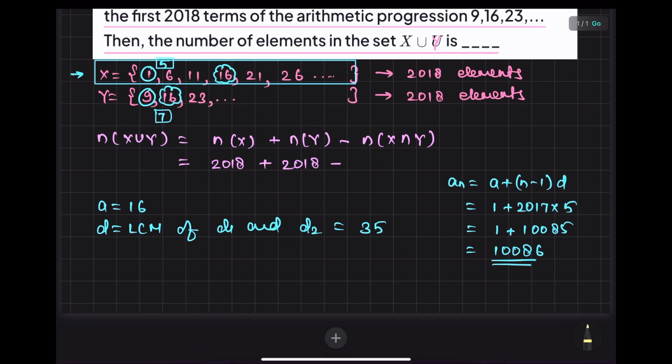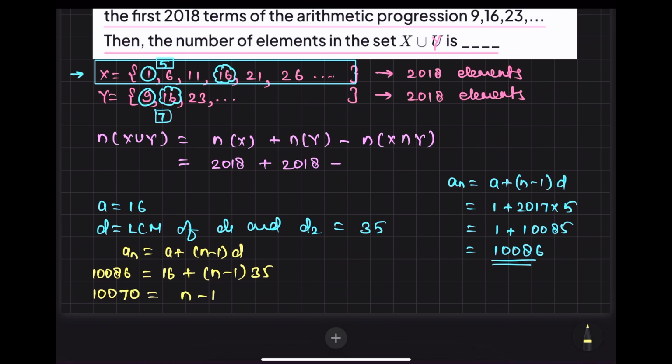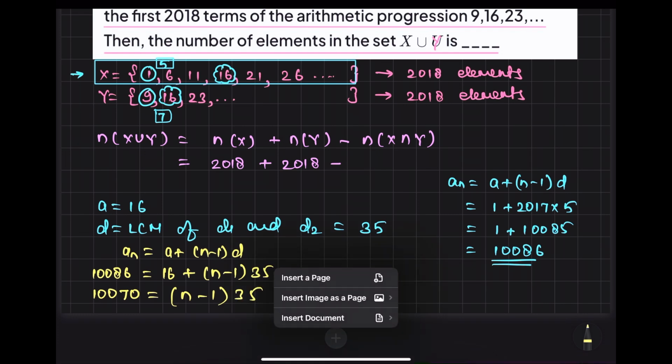Again we apply the formula an equals a plus n minus 1 times d. The last term is 10086, equals a, the first common element 16, plus n minus 1 times the common difference 35. We send the 16 to the other side, so it becomes 10070 equals n minus 1 times 35.